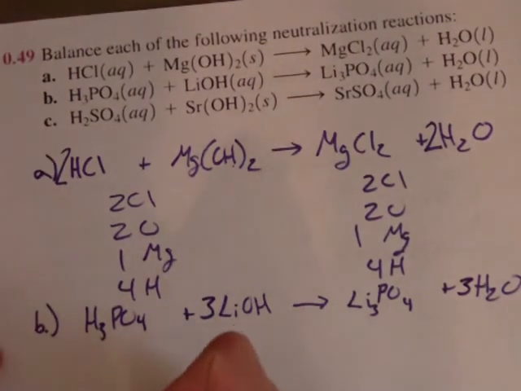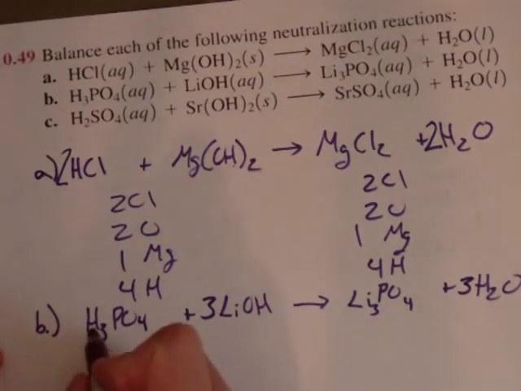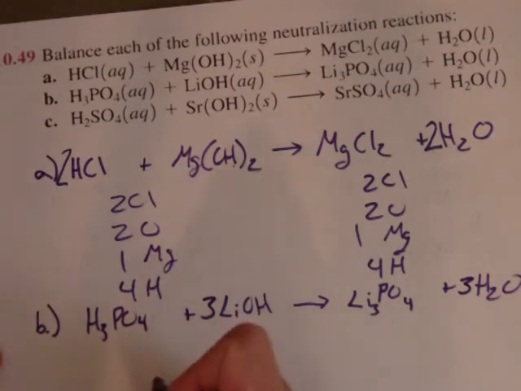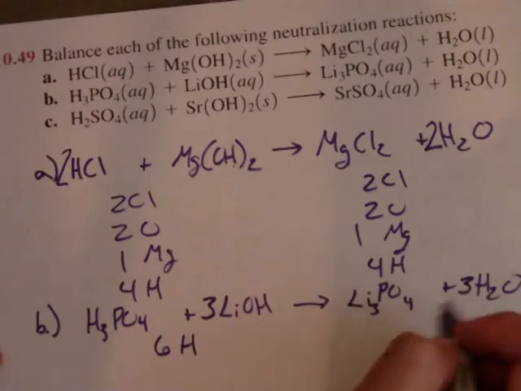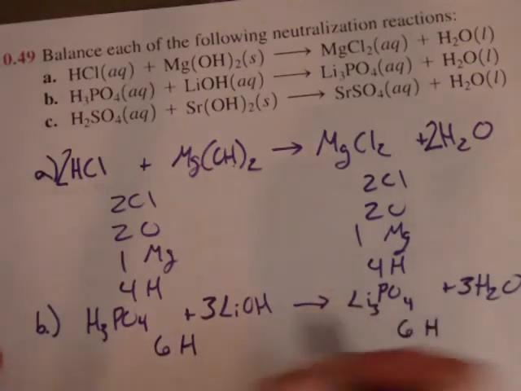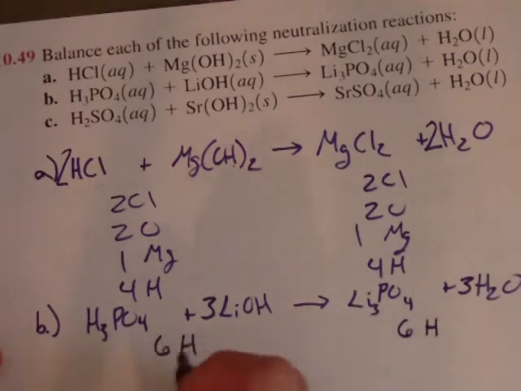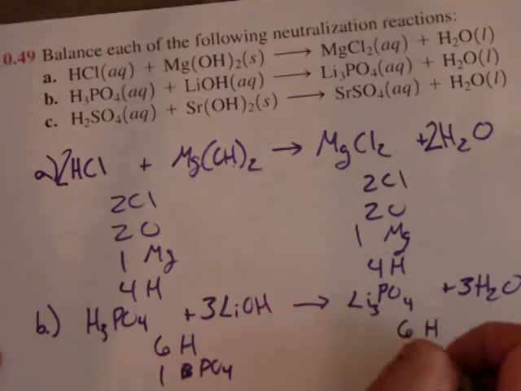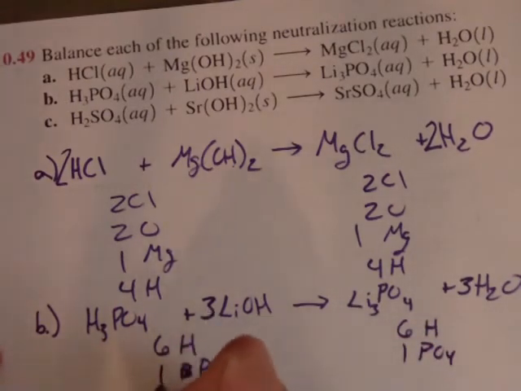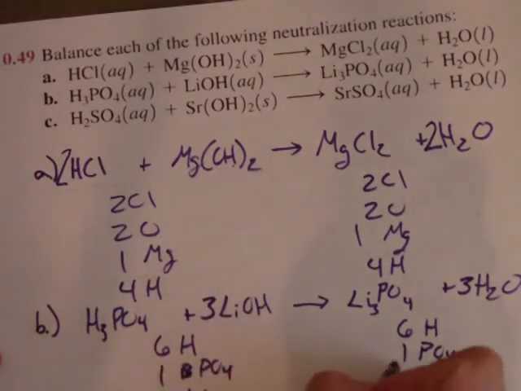So let's just double check everything. We have 3 plus 3 hydrogens, so that's 6 hydrogens, and 3 times 2, which is 6 hydrogens. We have 1 PO4 group. We can just keep that PO4 group together because it doesn't break apart. We have 3 lithiums.